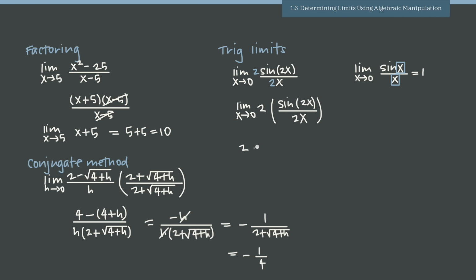So this is the same as 2 times the limit as x goes to 0 of sine of 2x divided by 2x. We have matching formats, and so we know that this entire limit is equal to 1. So this just simplifies to 2 times 1, or 2. And so the value of that limit is 2.